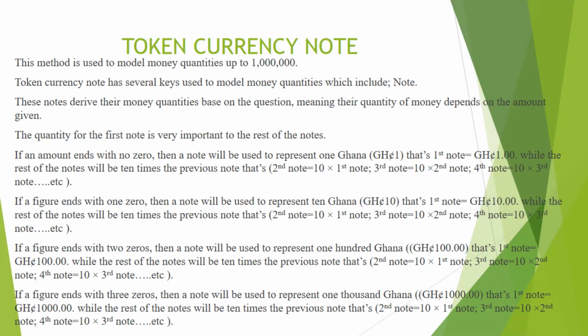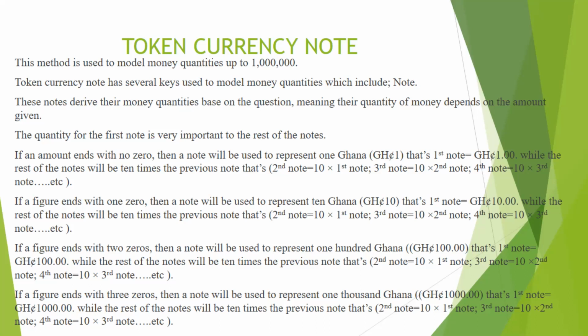Then if an amount given to you ends with 2 zeros, your minimum currency note supposed to be used to model the amount is 100 Ghana cedis. The second note will be 10 times 100 Ghana cedis. So starting from 100 Ghana cedis, followed by 1,000 and 10,000.